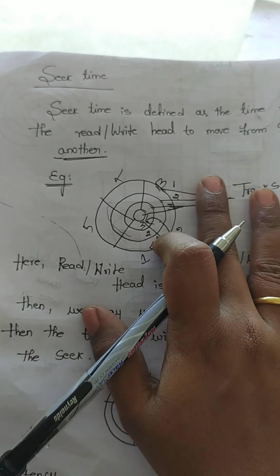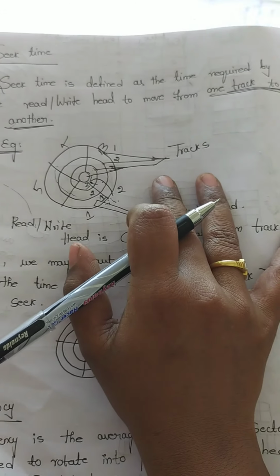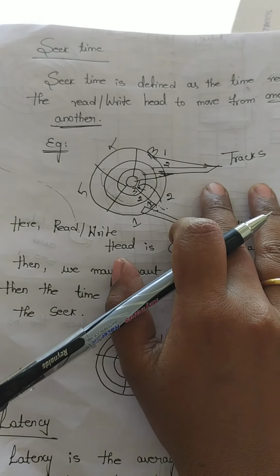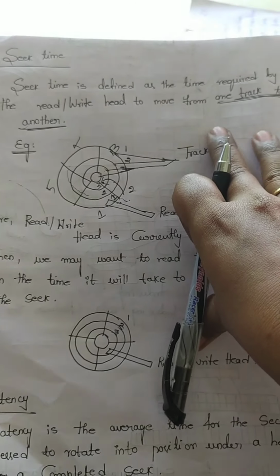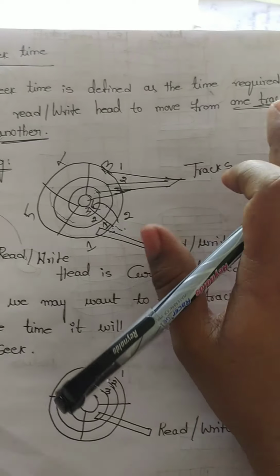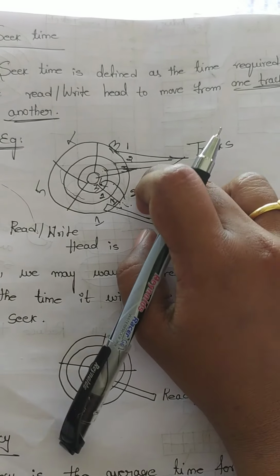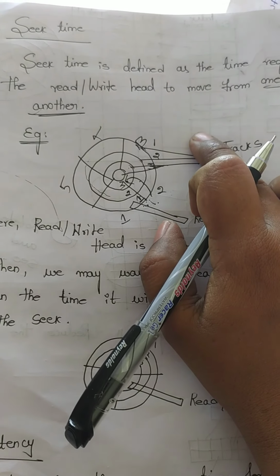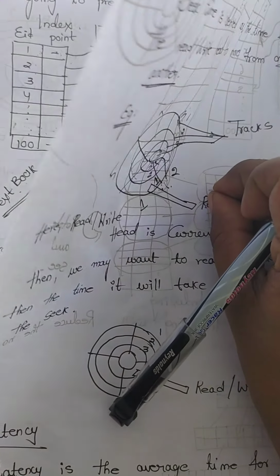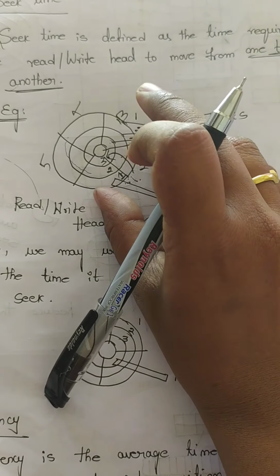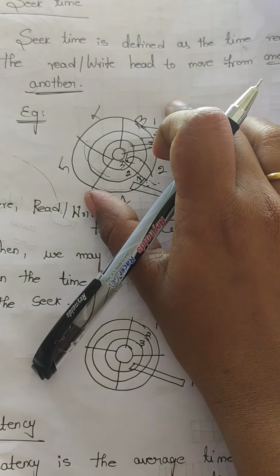It may be asked in your semester exams as a 2 marks or 3 marks question. We want to write it like this: seek time is defined as the time required by the read or write head to move from one track to another.